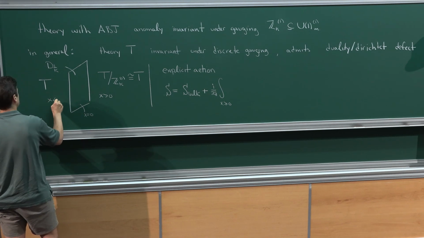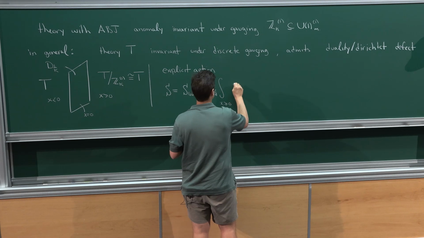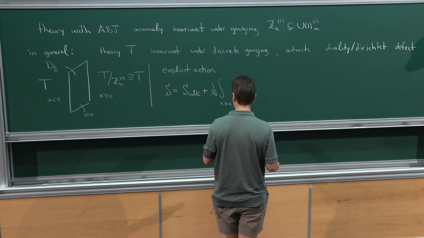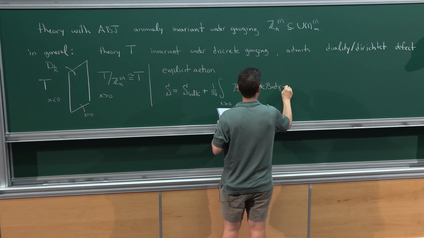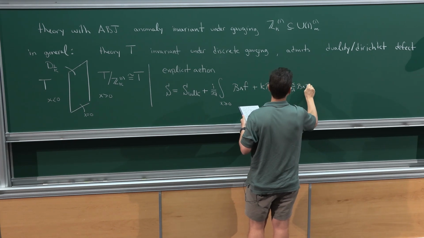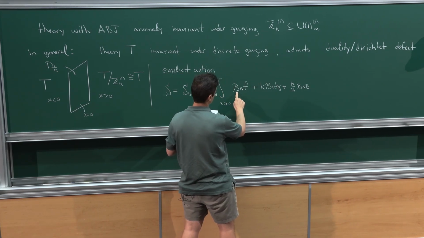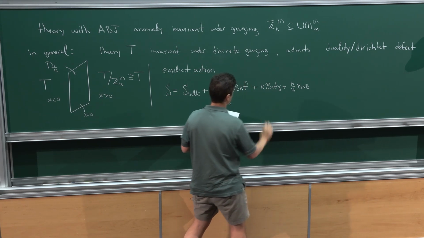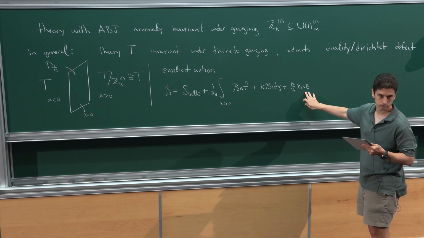These are the two sides. So remember our friends beta and gamma. So this term meant that beta was sourcing the magnetic one-form symmetry. This term turned beta into a ZK gauge field. And this term was our cleverly chosen discrete torsion.